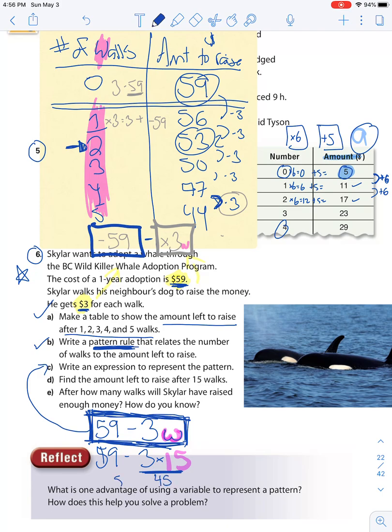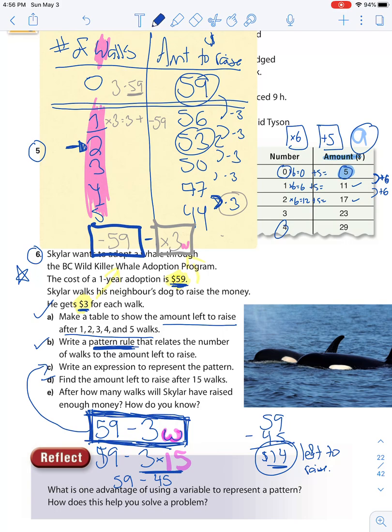So 3 times 15 is 45, and then I'm going to do 59 minus 45. So 59 minus 45 is 14. Okay, so you have $14 left to raise. 14. Okay, and that's the answer for D.